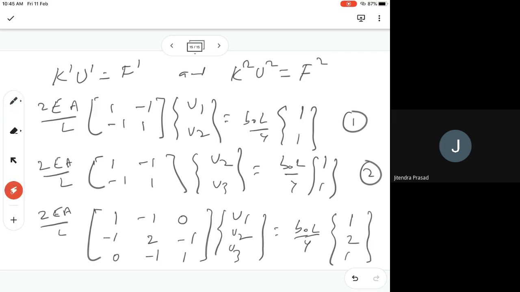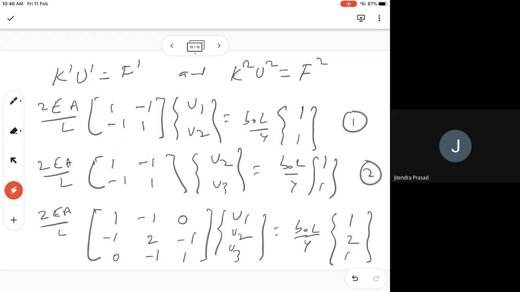Since this row relates to degree of freedom 2, you can add them together, so that becomes 2. And here also this will start here, so that's why this is added here.